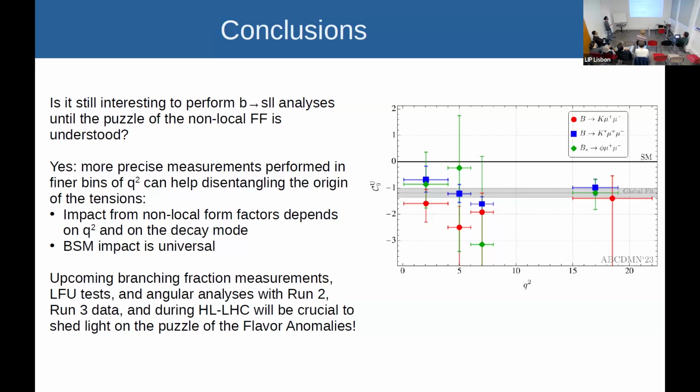I think the answer is yes, because more precise measurements performed in finer bins of q square can really help, from the experimental point of view, to disentangle the origin of this tension. Because the impact from non-local form factors depends on q square and on the decay mode.